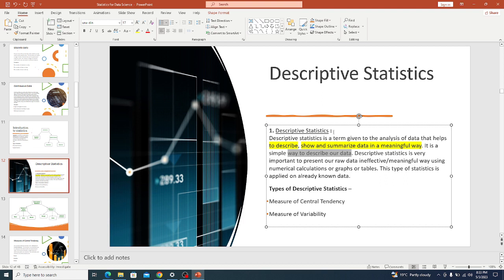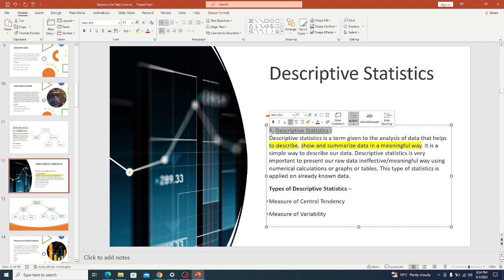So for descriptive statistics, you can't summarize a data set which you don't have; it must be a known data set.